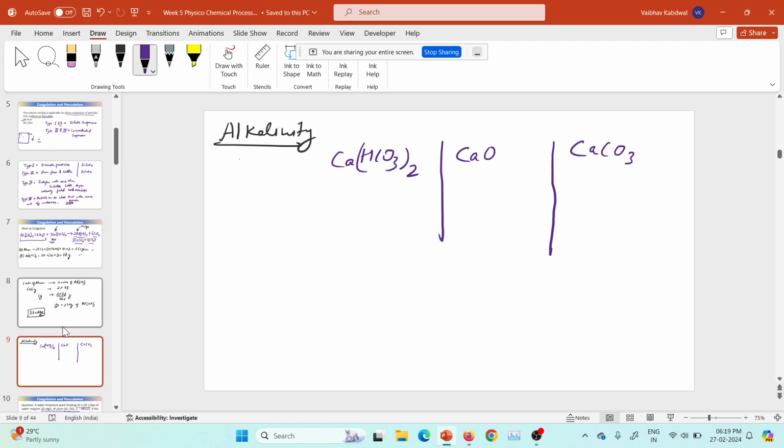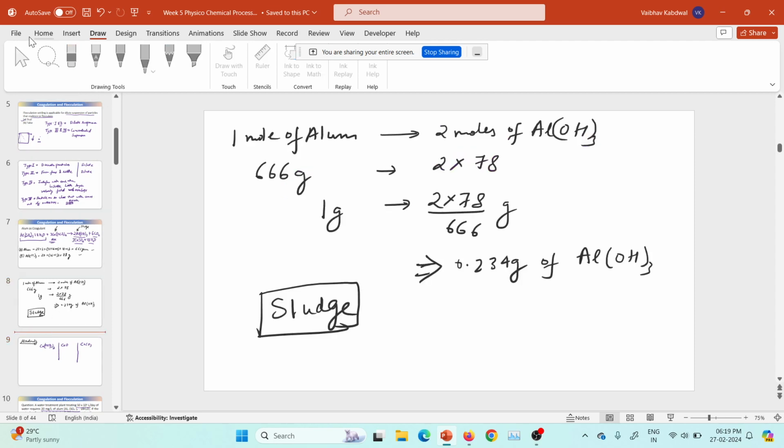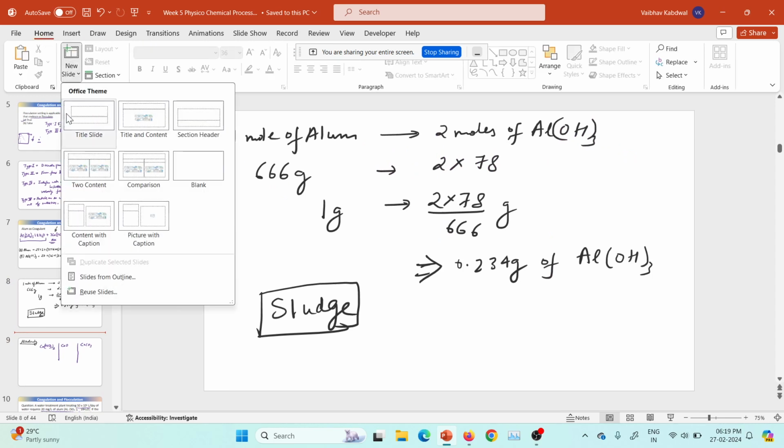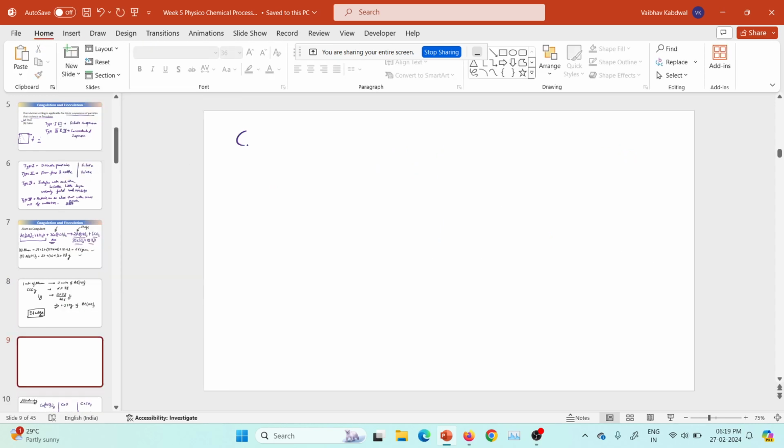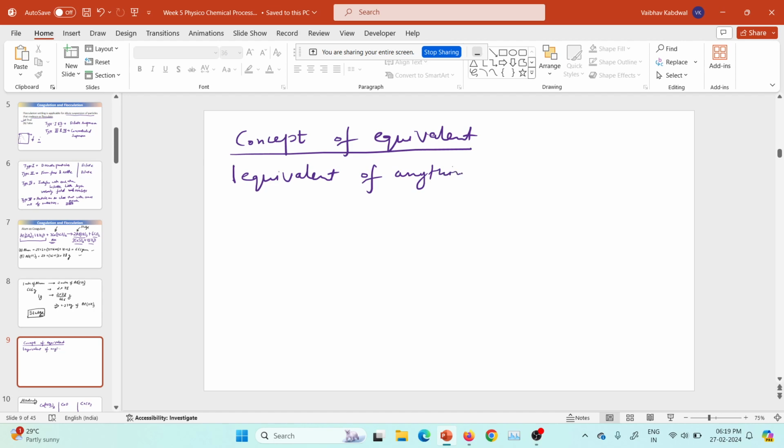One concept which we use here is simple. That is the concept of equivalent, that we taught earlier also. It says that one equivalent of anything reacts with one equivalent of any other thing.